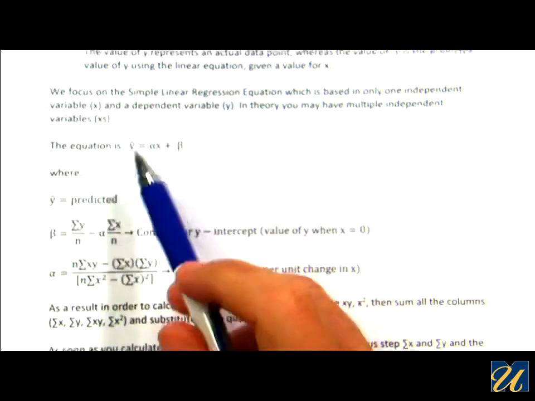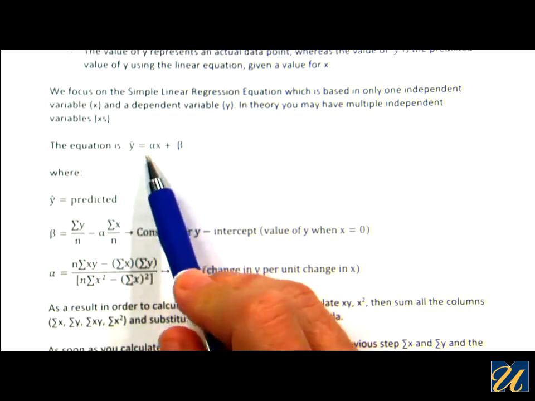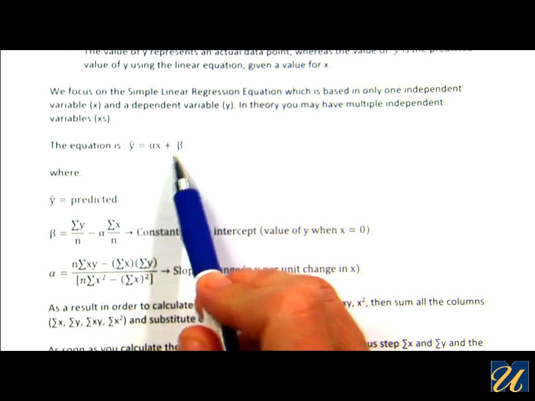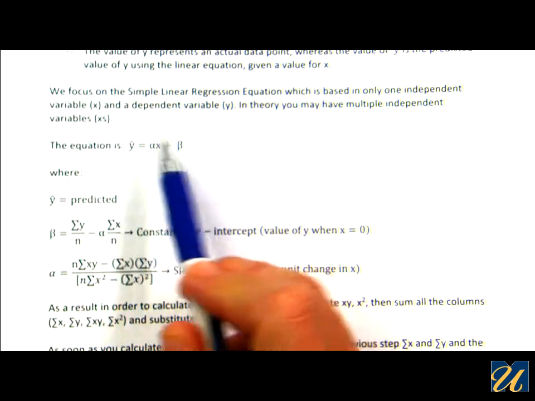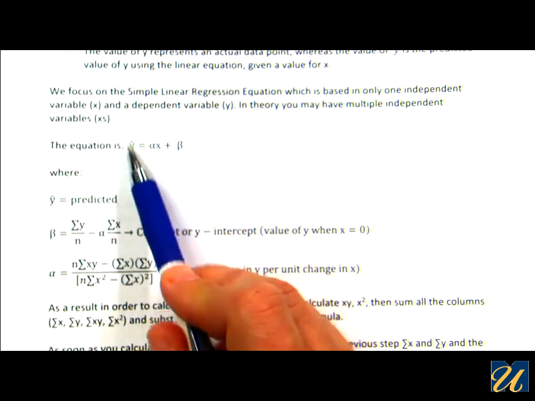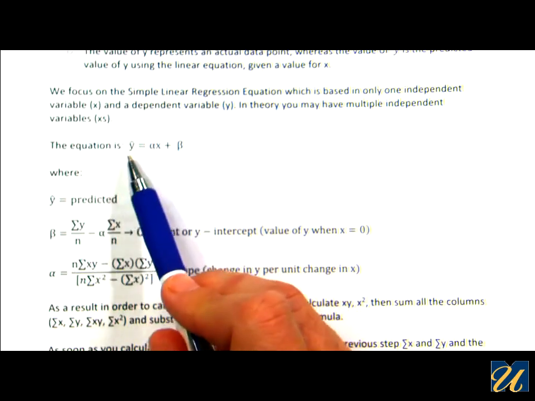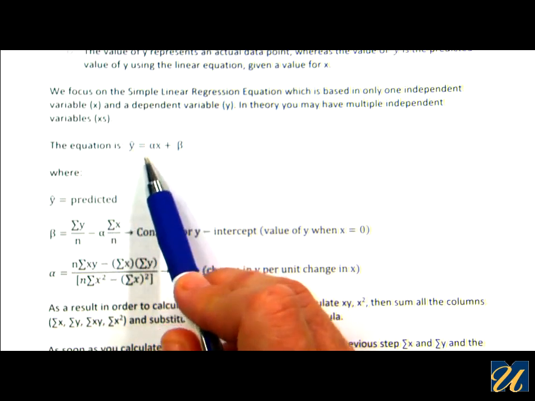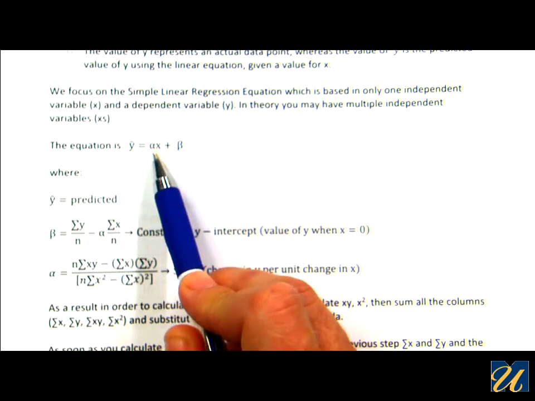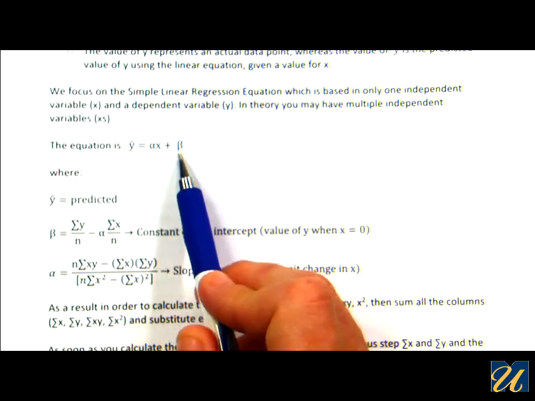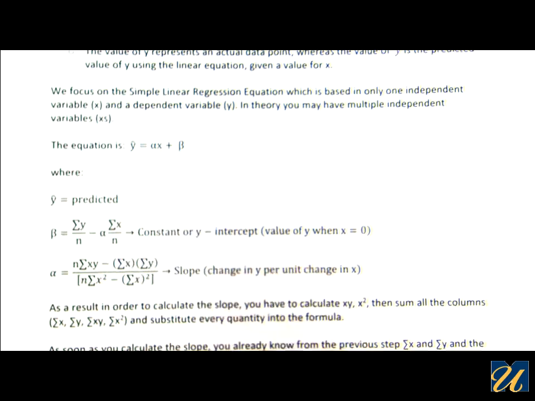The equation is y predicted is equal to ax plus b. This is the formula that we will be using. So the predicted y will be equal to alpha a, which is the slope, times your x value, plus beta b, which is your y-intercept.